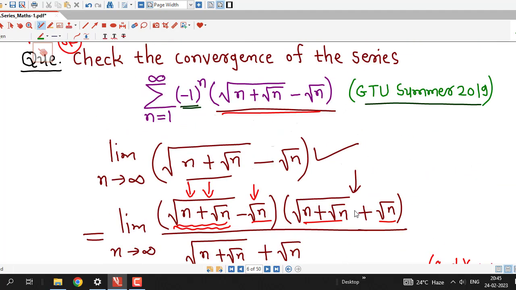We have obtained the limit of square root of (n plus square root of n) minus square root of n; that is, the limit of this quantity is 1.